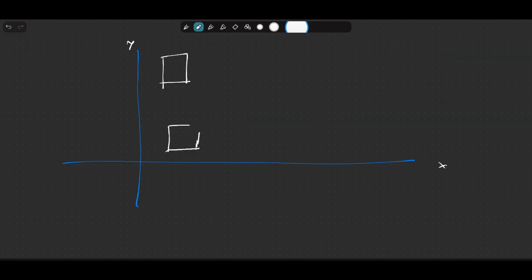On the brute force side, we can move y from 0 and check for every particular y. Suppose the current y is this one. Then how we can check is, we go to every square one by one and check if that particular square lies below.